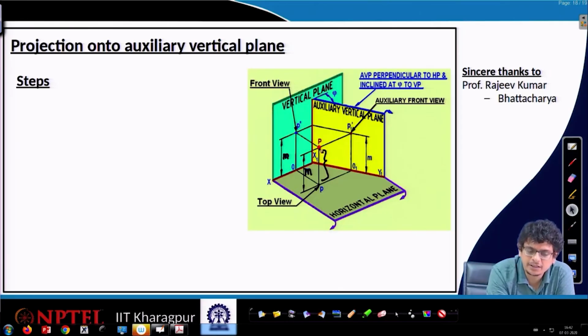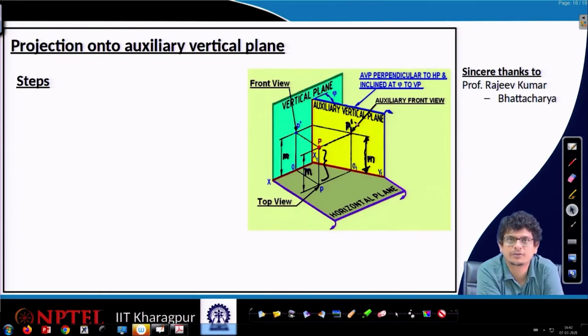When we project this point P all the way onto this auxiliary vertical plane, again the height we see is m. This is the height above the horizontal plane. Because it is an auxiliary vertical plane, we use the notation P prime 1, for the first auxiliary plane.